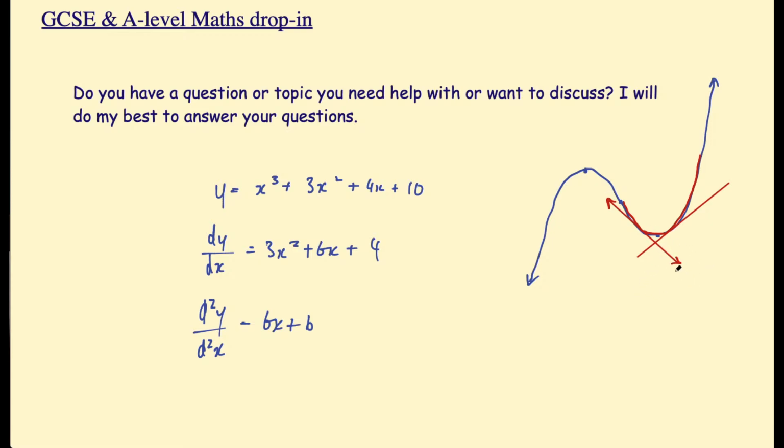If you look at this line here, what would you say the slope of that line will be? Well, it has a negative gradient. And this one has a positive gradient. So in this section that I've highlighted in red, the tangent of the slope is going from negative to positive, so it's becoming more positive.